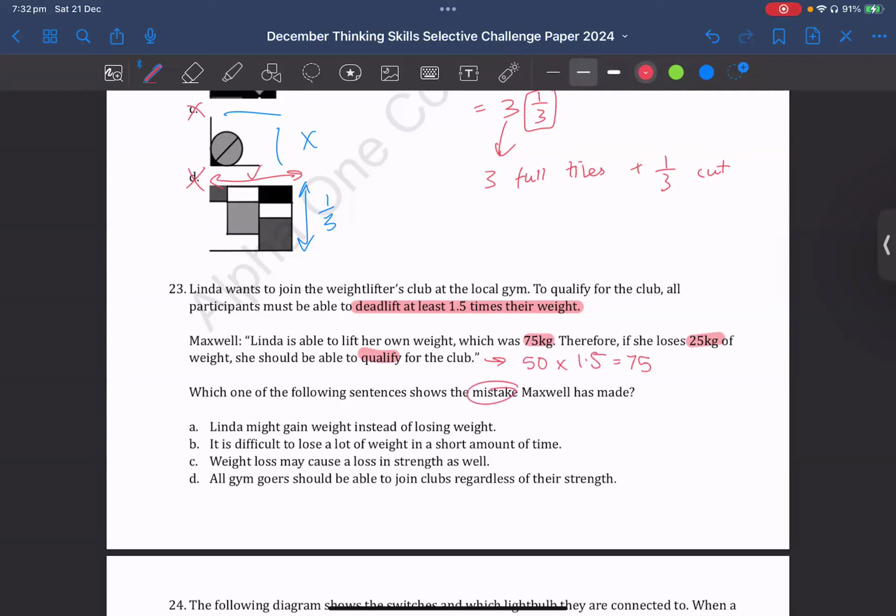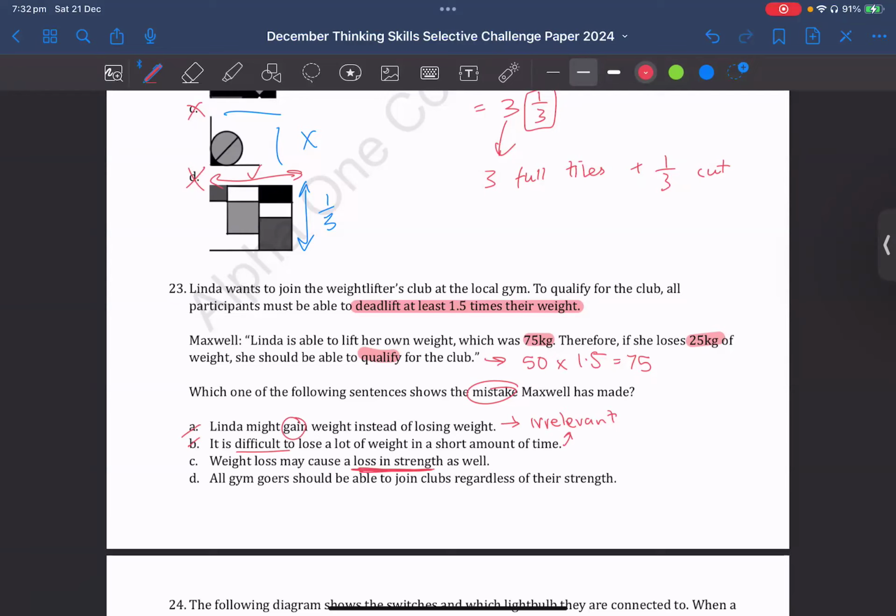So we're going to go through the answers A to D, and I'm going to eliminate the weird ones. Linda must gain weight instead of losing. I think this is quite irrelevant. It's difficult to lose weight in such a short amount of time. Same thing, whether it's hard or easy, it doesn't matter. It doesn't link to the question. Weight loss may cause a loss in strength.